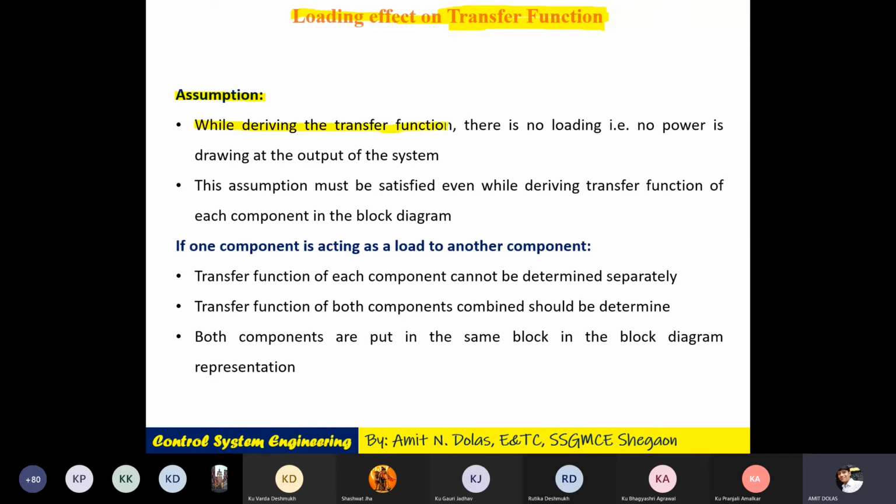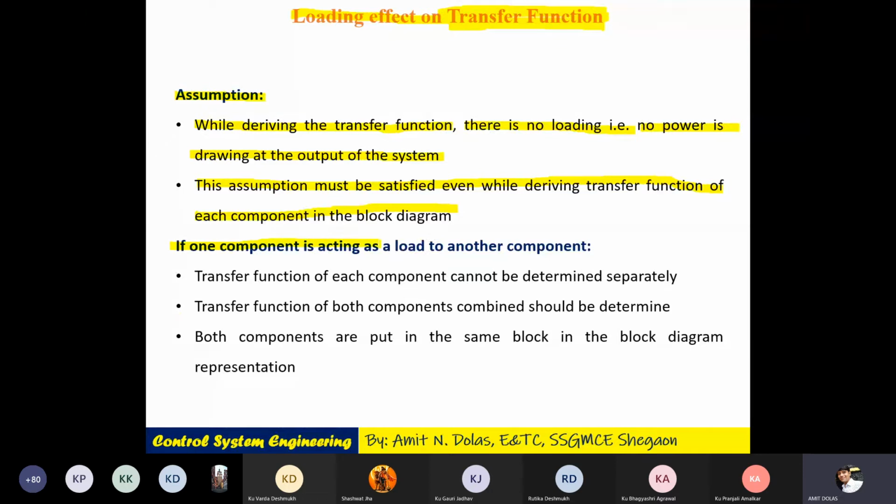While deriving the transfer function, output upon input, we assume there is no loading effect, that is, no power is drawn at the output of the system. This assumption must be satisfied even while deriving the transfer function of each component in the block. If we have several subsystems, say G1(s), G2(s), G3(s) connected in cascade, there should be no loading effect anywhere, like the second component loading the first, or the third component loading the second. This must not happen.